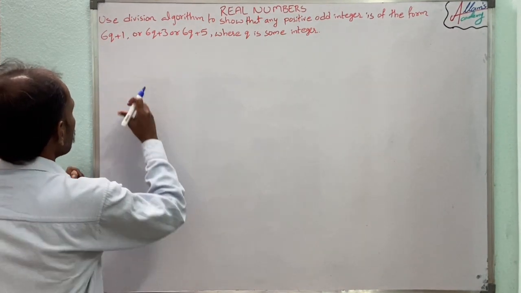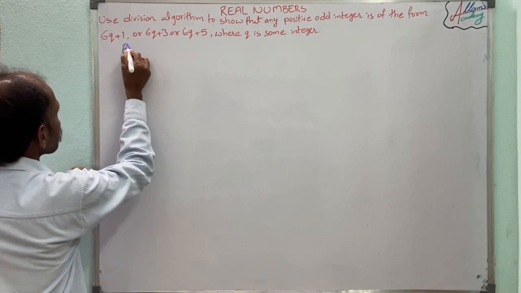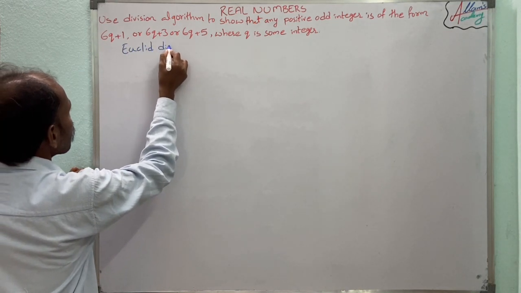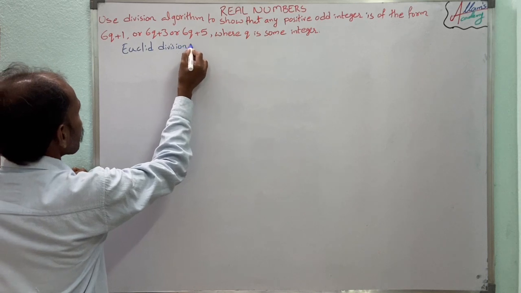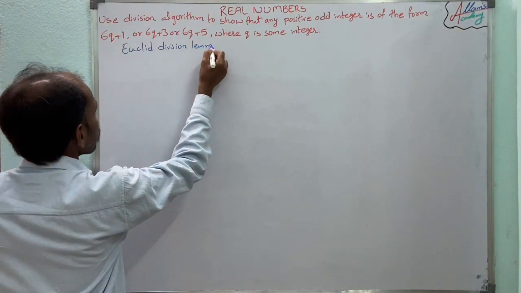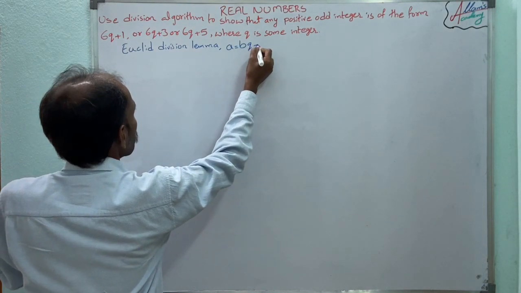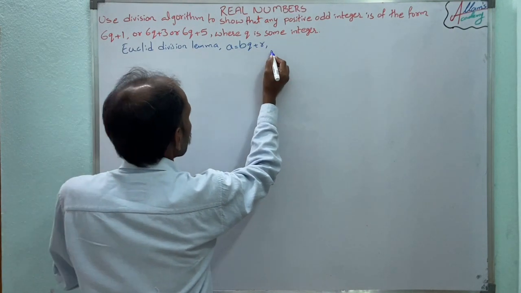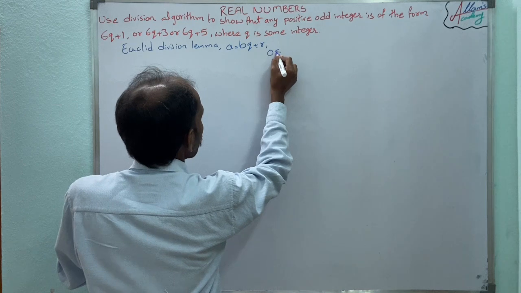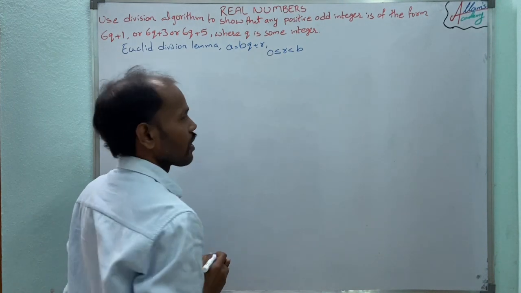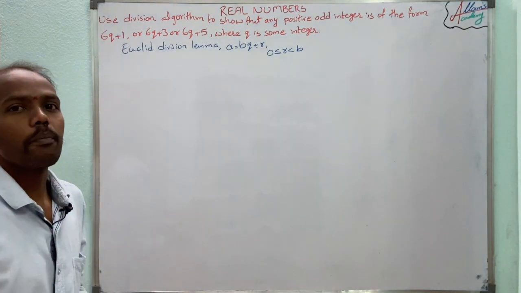So the Euclid division lemma is A equals BQ plus R, and here we know that the remainder R lies between 0 less than or equal to R less than B.